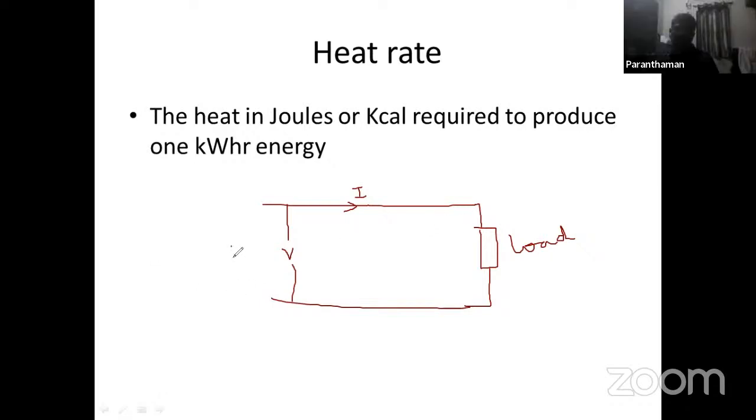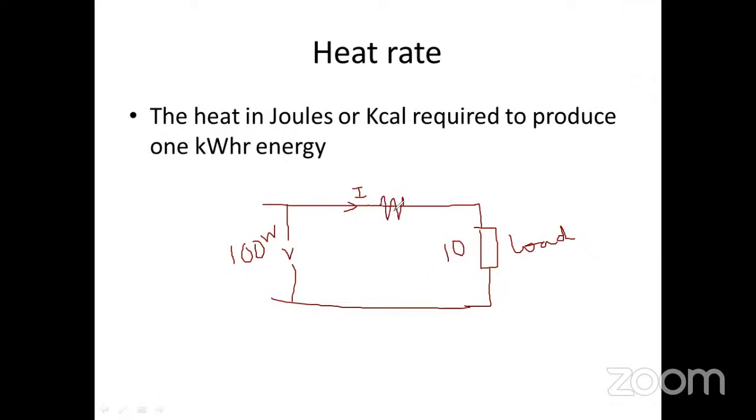Let us assume 100 watts of power we are generating, and we have to transmit it to the load end, 100 watts. In the first case, we are keeping the system voltage as 10 volts. This is the line resistance.